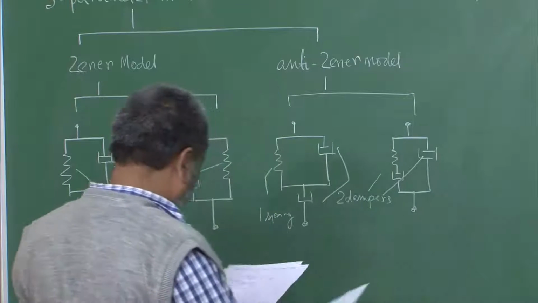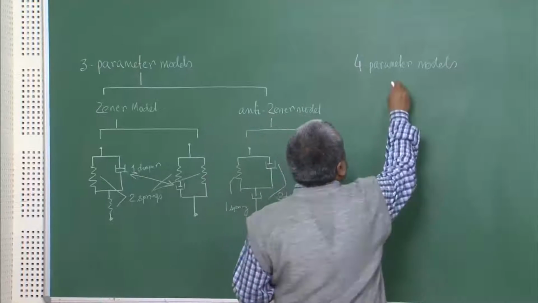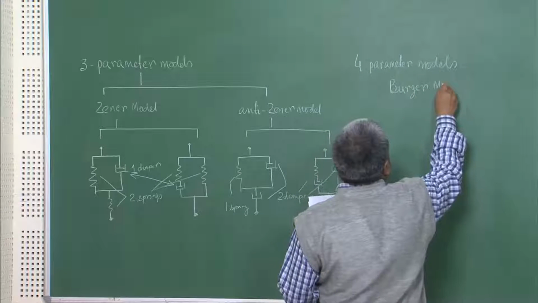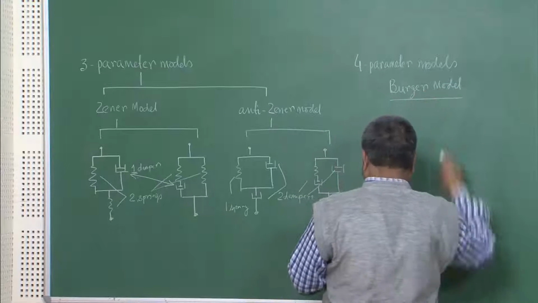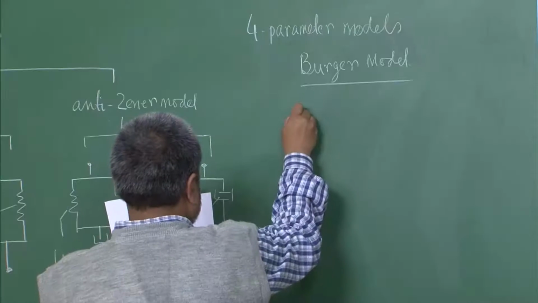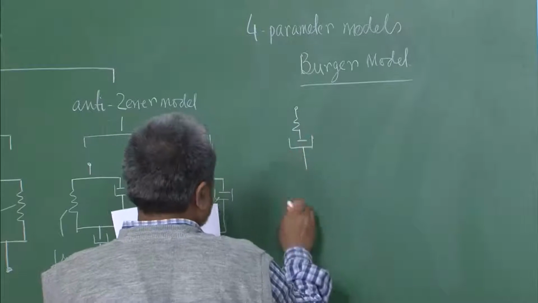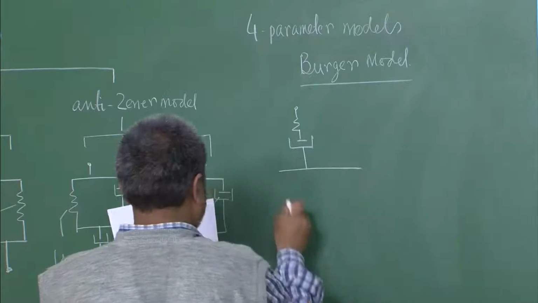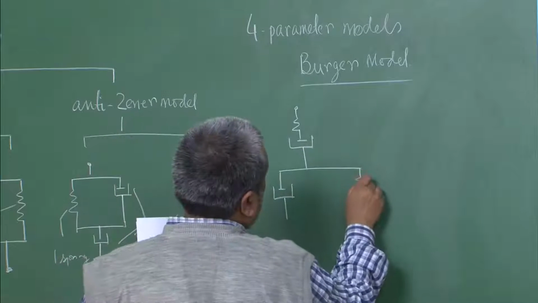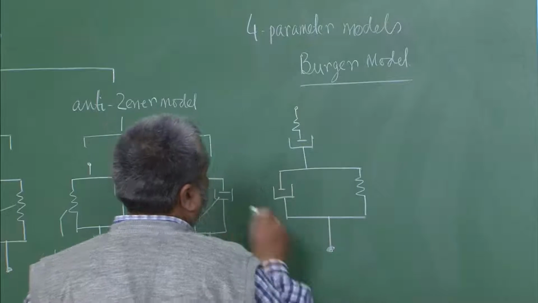If I go for 4 parameter models, then the model that generally is used is called Burger model. And there are 2 variations of the Burger model here, a spring and a dashpot together, that is the Maxwell element, and then we are branching out and we are going to have 1 damper and 1 spring together, then we are coming out.